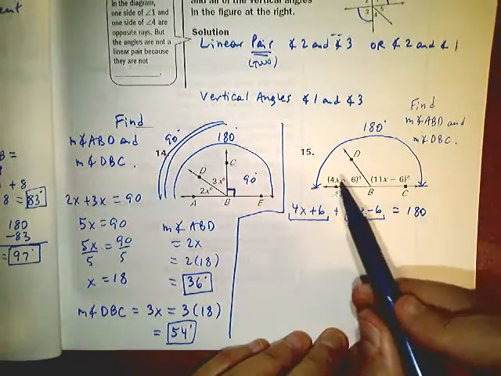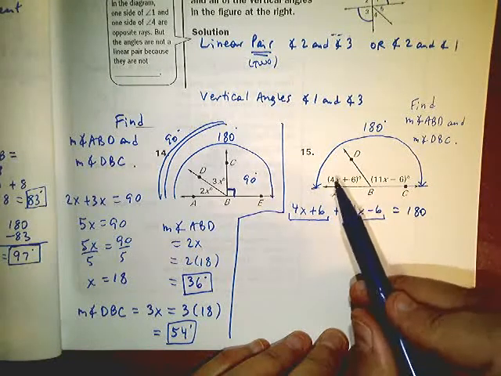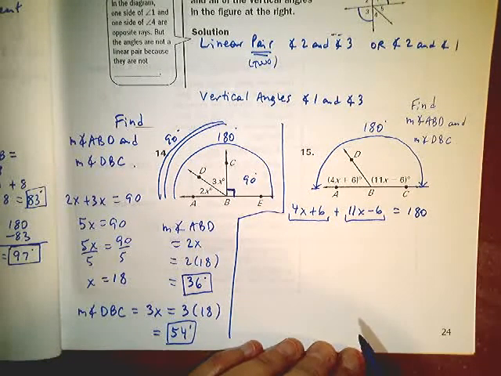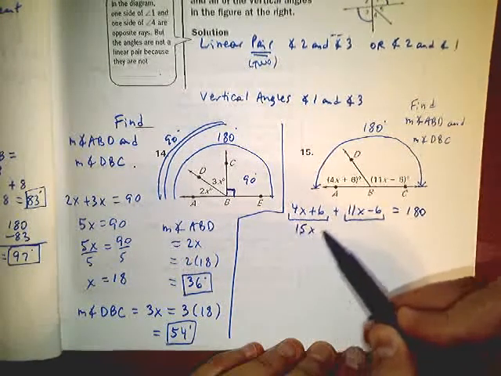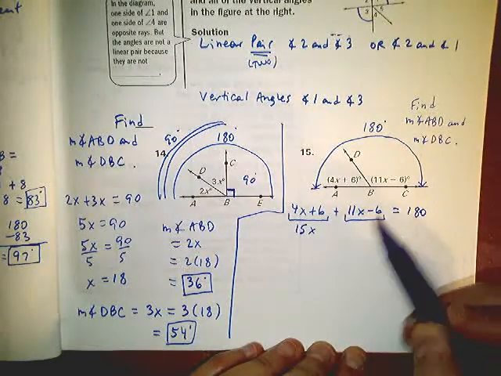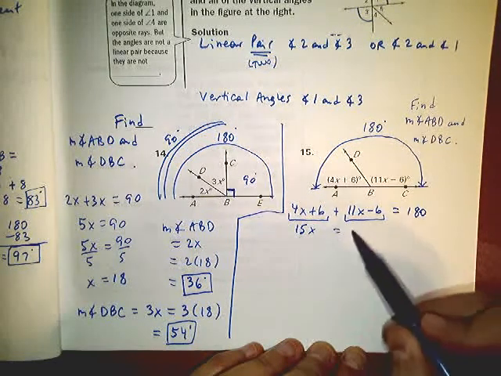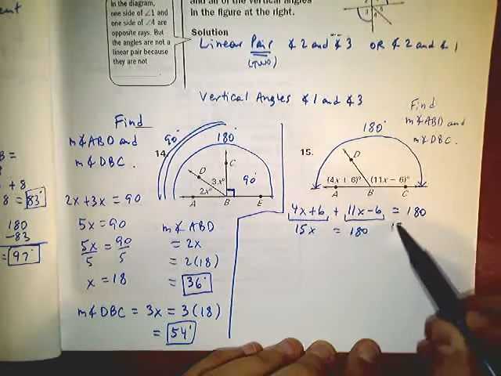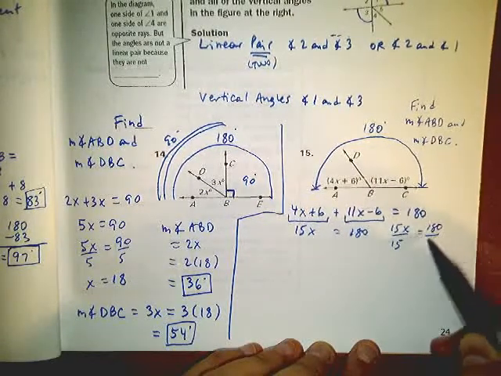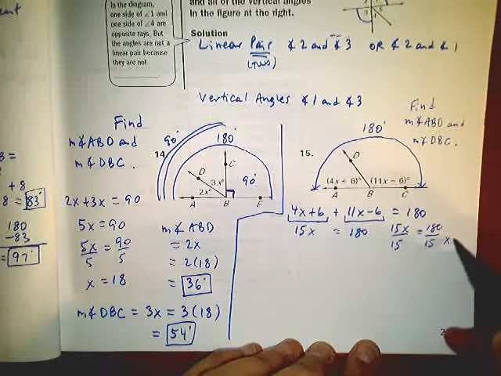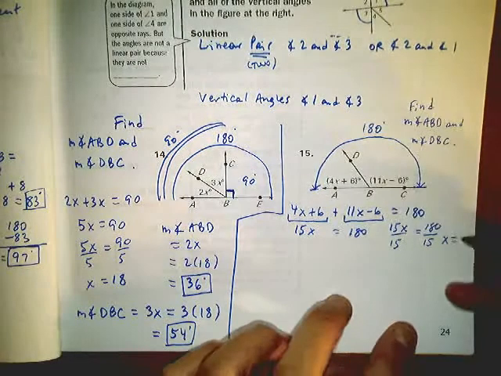Then I'll be able to go back and figure out the actual measures of these angles by using my newly found value of x. 4x plus 11x is 15x. 6, take away 6 is nothing, so those cancel each other out. So if I take my 15 and divide it on both sides, then I get an x value of 12.